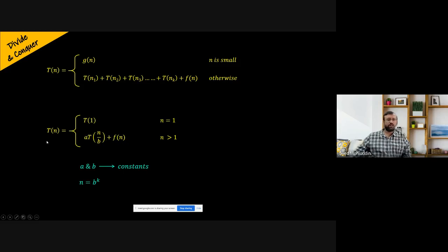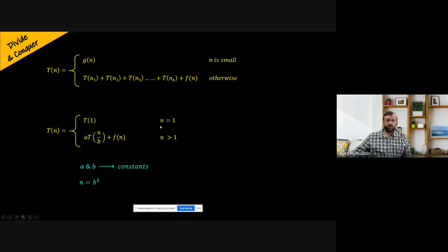This becomes the generalized form of the recurrence relation for the divide and conquer approach, where a and b are constants and f(n) is the time taken for dividing.